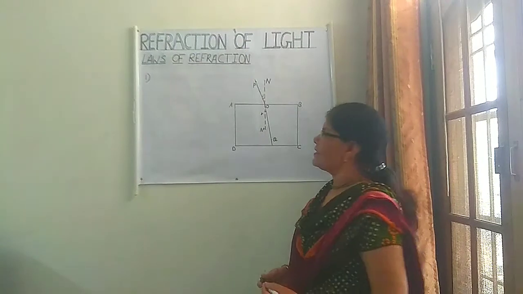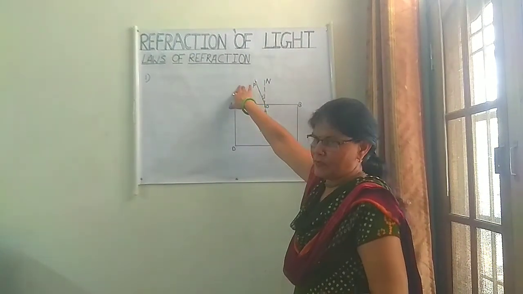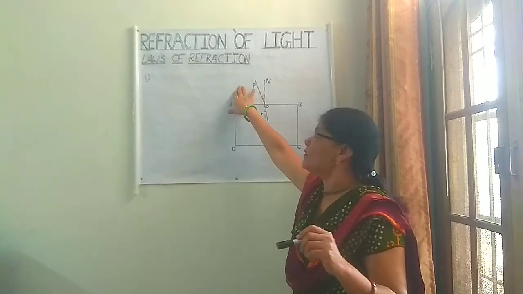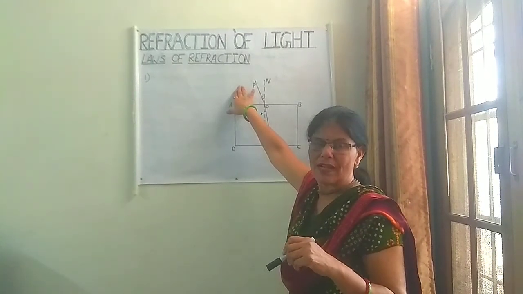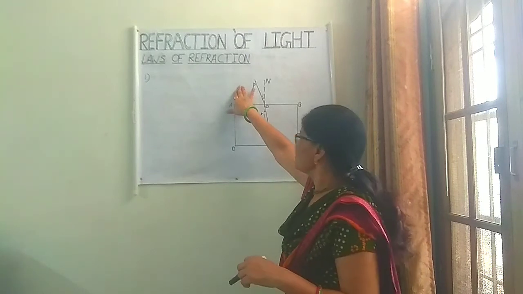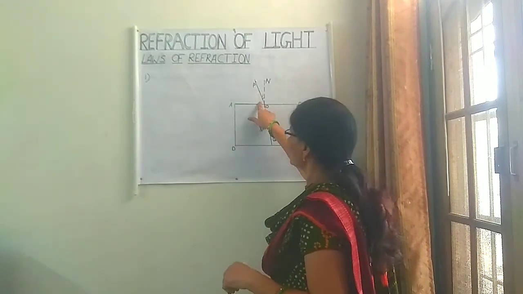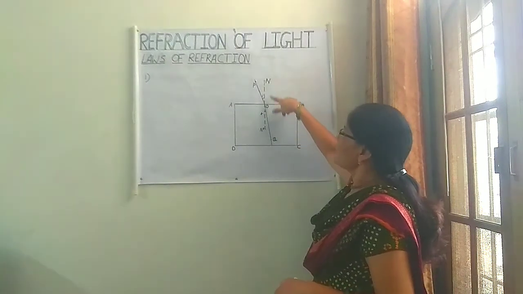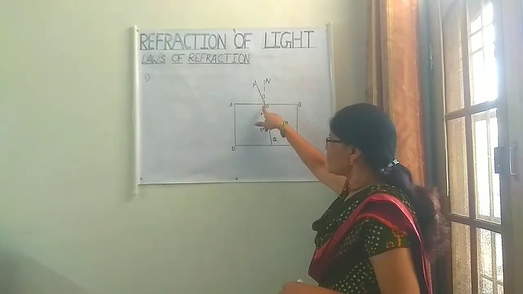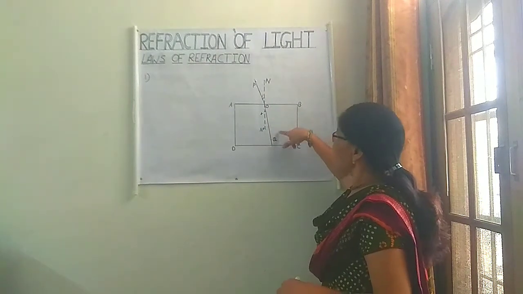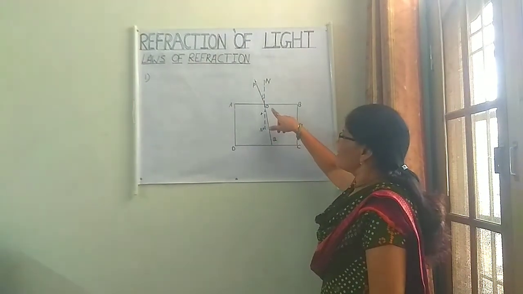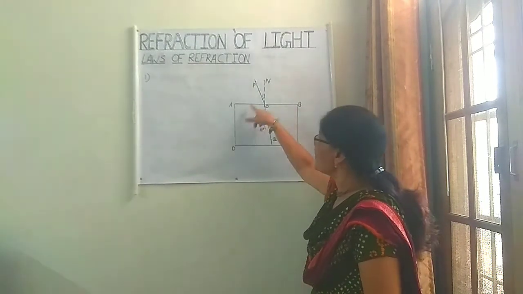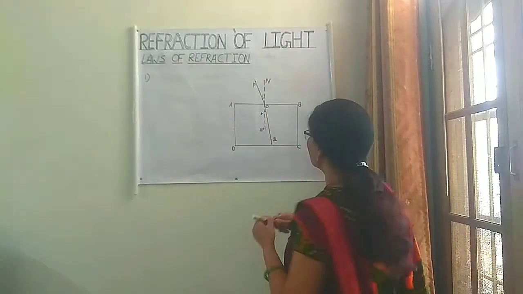Our next topic is laws of refraction. We have done laws of reflection. Now these are laws of refraction. Here also we have two laws of refraction. First is the incident ray, the refracted ray, and the normal at the point of incidence, and the normal at the interface of two media.